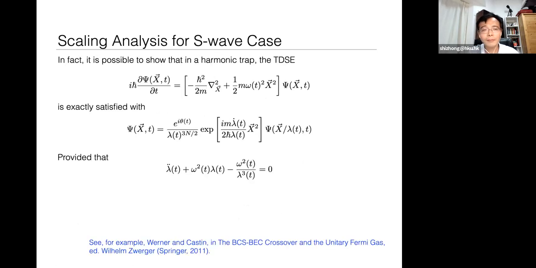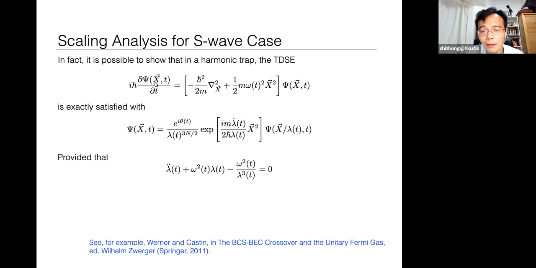Okay. So then this standard argument by Felix Werner and Yvan Castin. This was probably known quite some time ago, and in their paper they cite some earlier papers related to this. If you have this time-dependent Schrödinger equation in a harmonic trap, this equation is in fact exactly satisfied. Here we are doing this scale transformation, so you take an ansatz of the wave function where the time dependence enters only through the rescaling of the system coordinates.